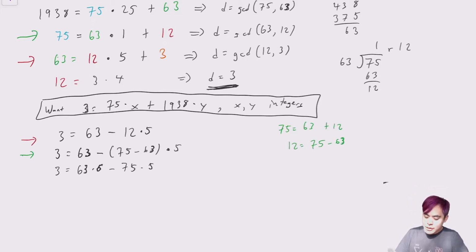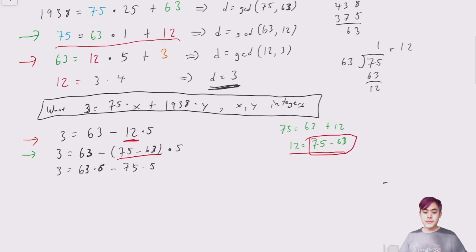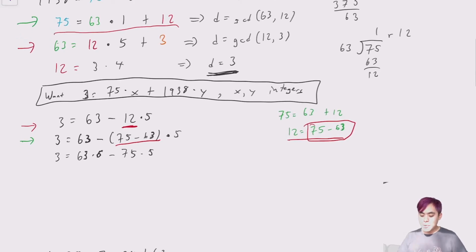So what we did here is we took this, 12 is equal to 75 minus 63, right? Which we got from this line here. And then we substituted this part in for 12. So we just replaced it, and then we expanded.